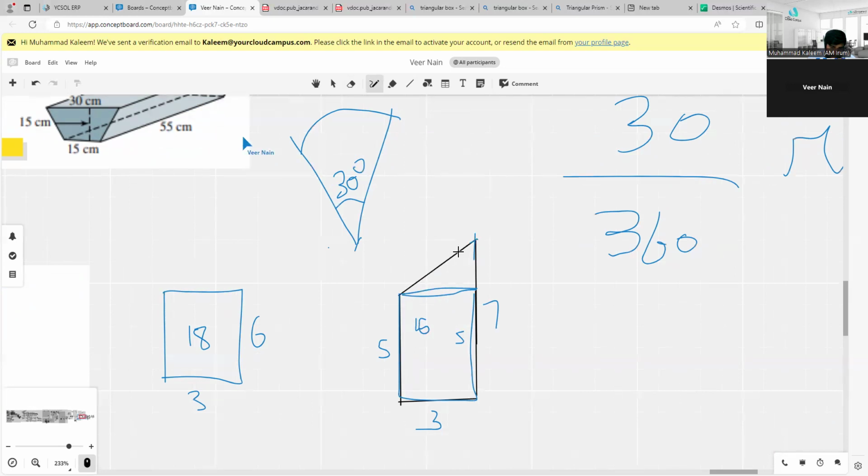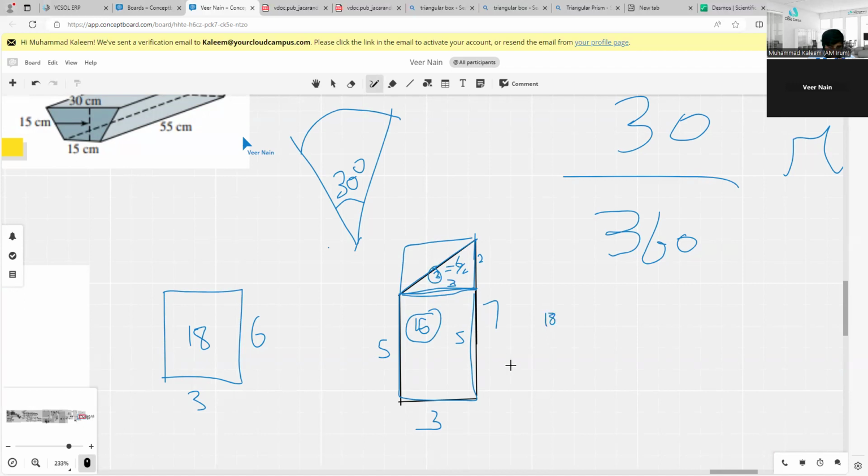Then what will be the area of this region? Here again we have 3, and the remaining length is 2. So 3 times 2, and it's half of a rectangle, so we divide it by 2. Its area will be 3. So in total, the area is 18.